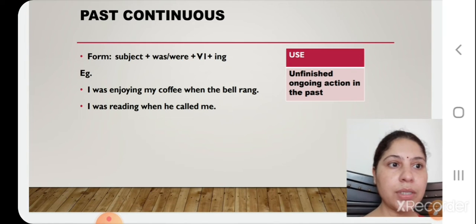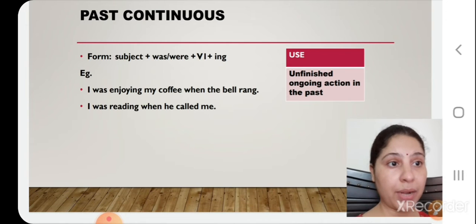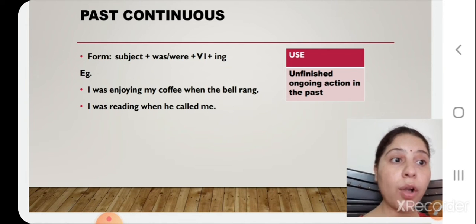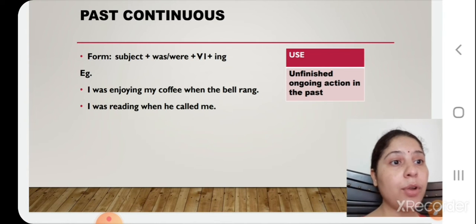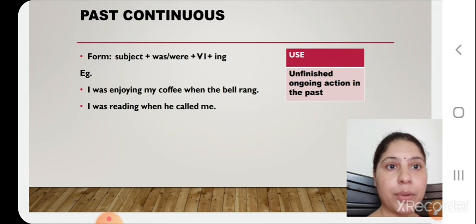Past continuous tense means some unfinished ongoing action in the past. Present continuous means something is continuing in the present. Past continuous means something was going on in the past with reference to some time or activity in the past. Like in the first example here, I was enjoying my coffee when the bell rang.